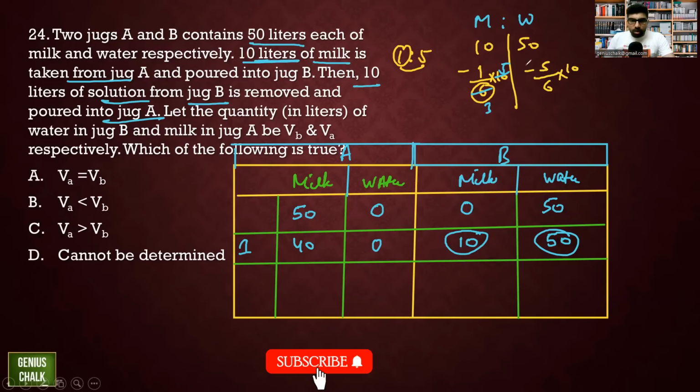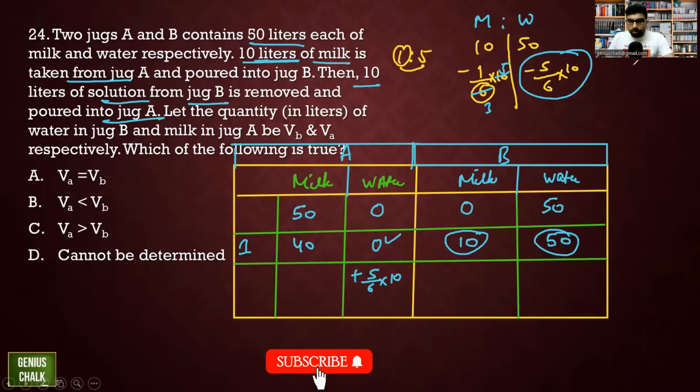So you see, this water was 0 here, so water will be added as it is here. So here I will be adding this water, 5 by 6 into 10. And what is the water left here? This will be 50 minus 5 by 6 into 10.